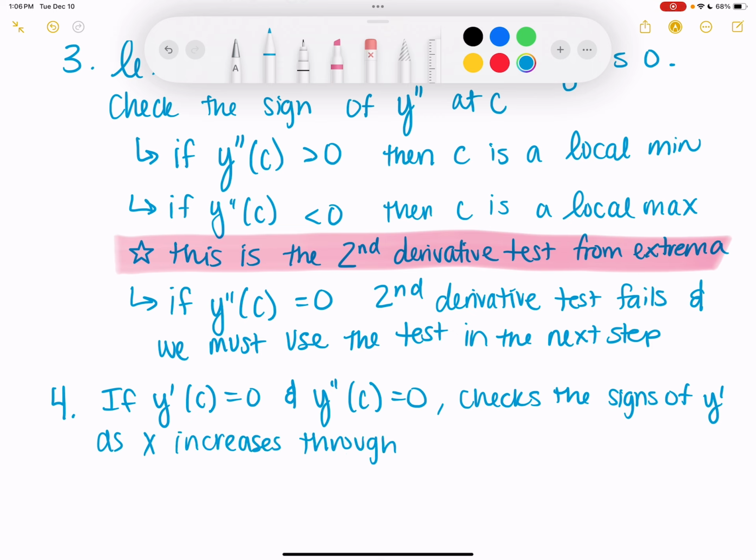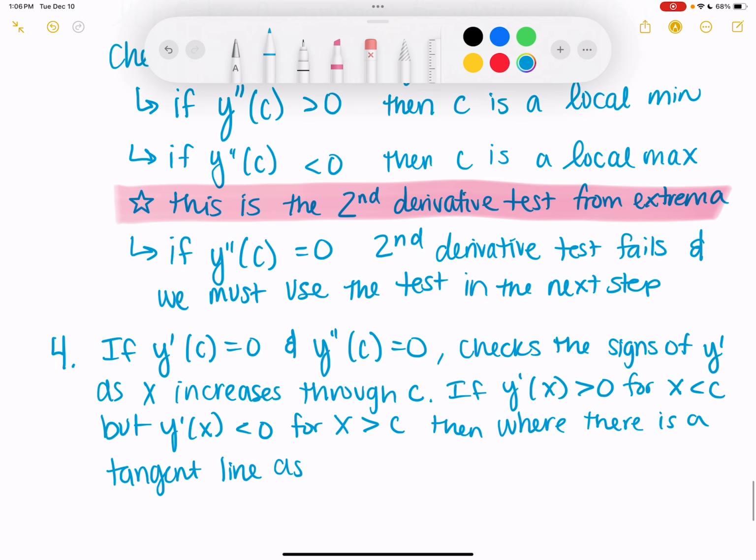If y prime of x is greater than 0 for x less than c, but y prime of x is less than 0 for x greater than c, then there is a local max as x increases through c.